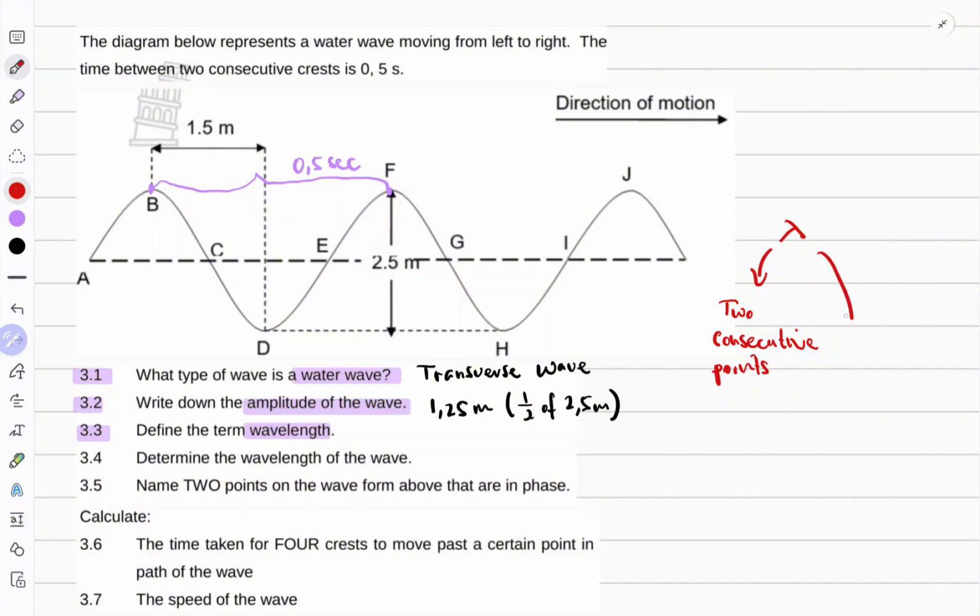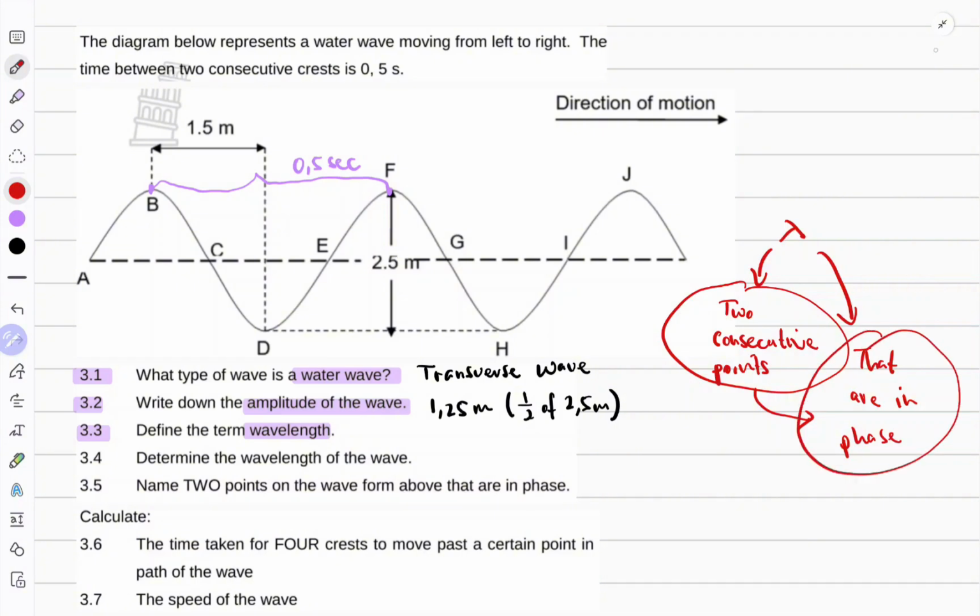And the second would be to find two consecutive points that are in phase. So by definition, the wavelength is the length between two consecutive points that are in phase.